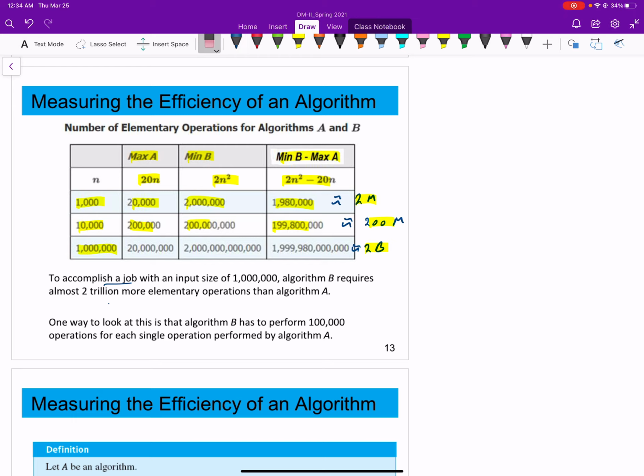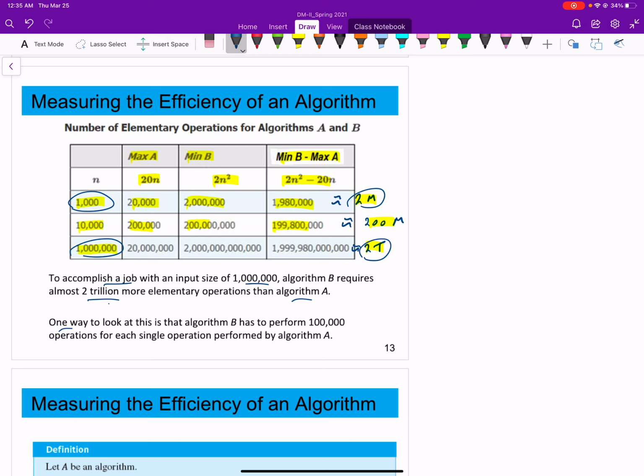This is not 2 billion, this should be 2 trillion. You can see that for small input sizes the difference is not big, but for big input sizes the difference is huge.